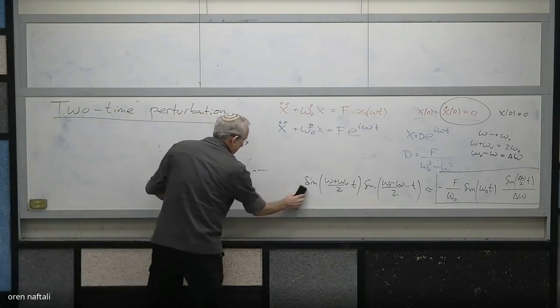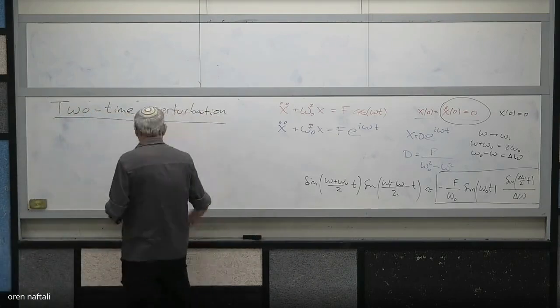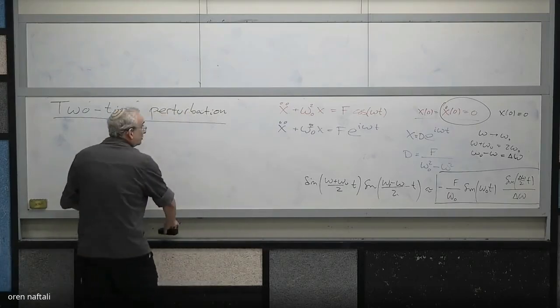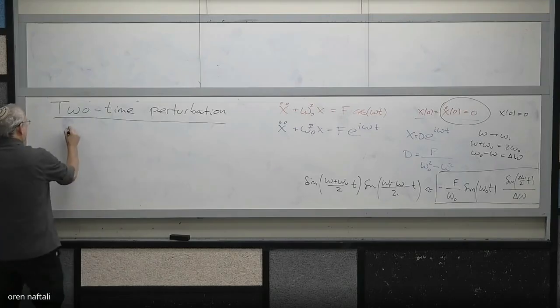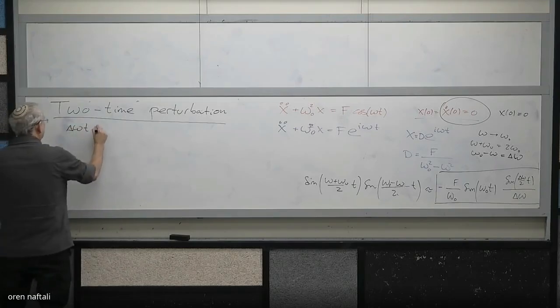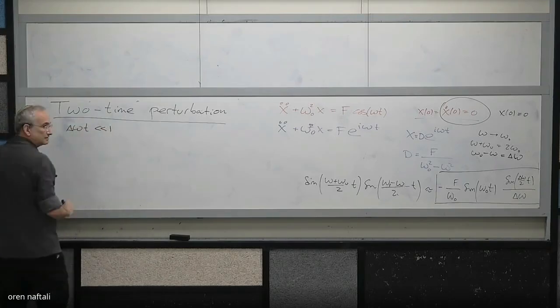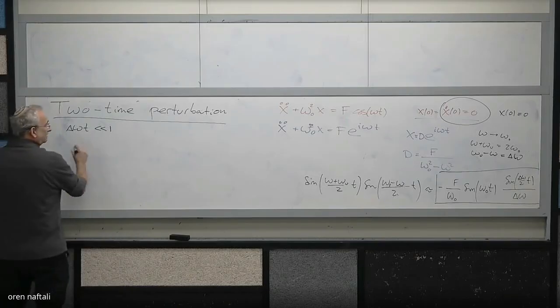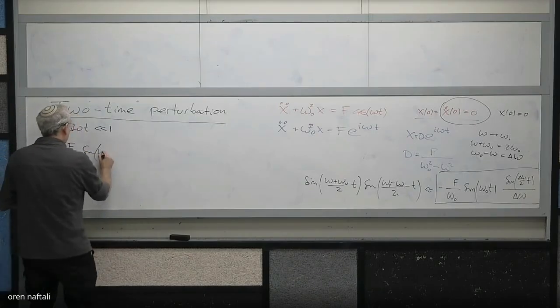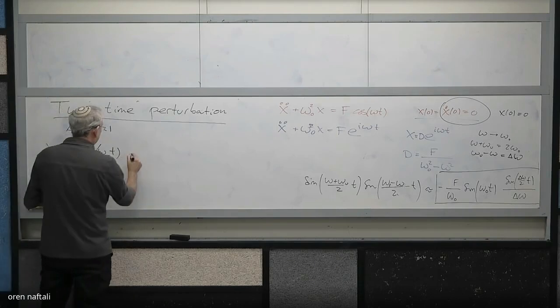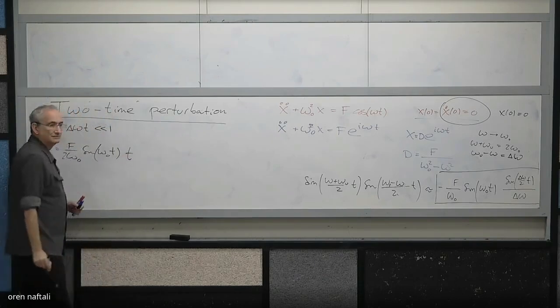But isn't t a parameter that goes from 0 to infinity? You have initial conditions at 0, right? So if delta omega times t is much smaller than 1, then the solution is x equals f over omega naught times sine of omega naught t times, maybe I have a 2 here or something, times t.